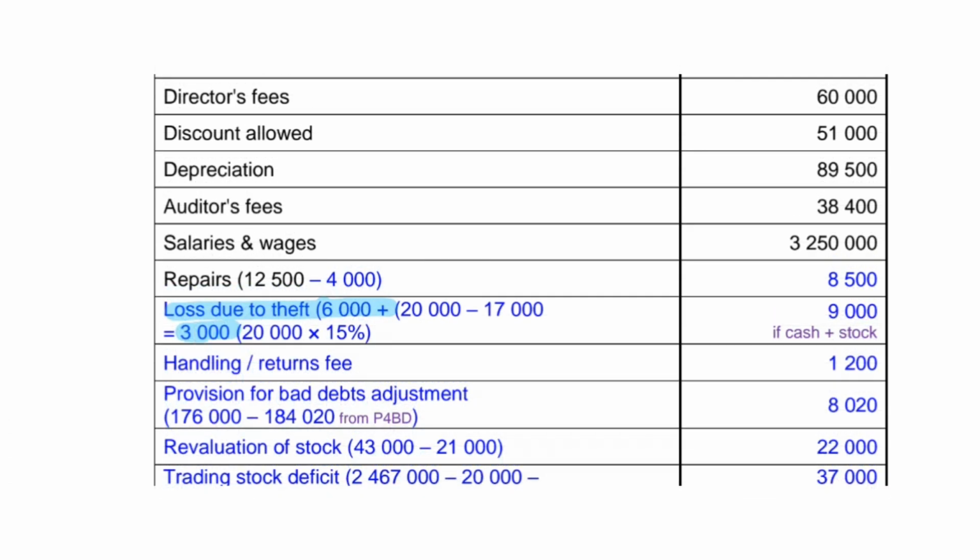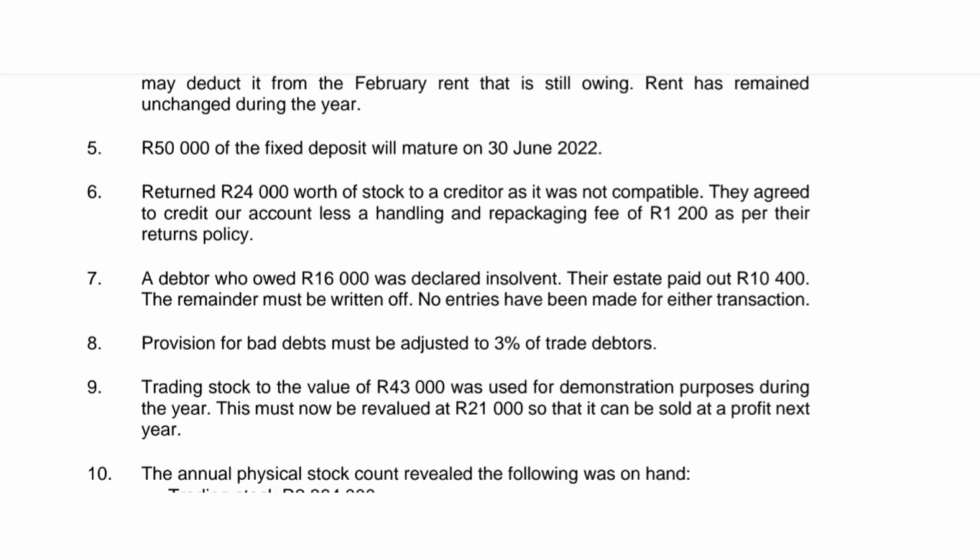The next adjustment that we have that affects trading stock is adjustment number 6. Return 24,000 worth of stock to a creditor as it was not compatible. They agreed to credit our account less a handling fee of 1,200 rand as per their returns policy. We bought stock from a credit supplier.